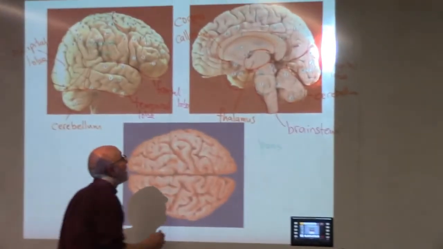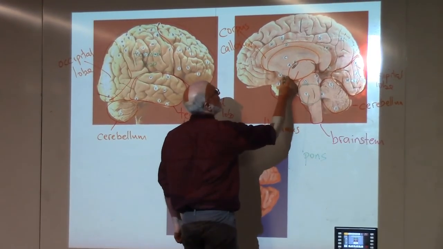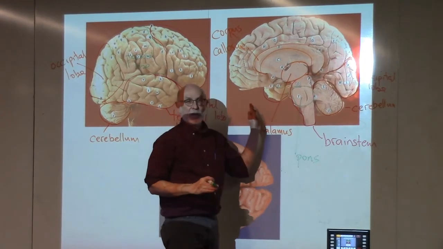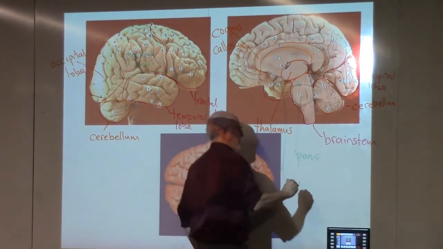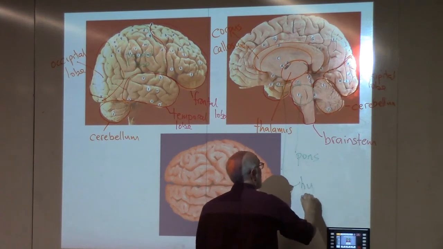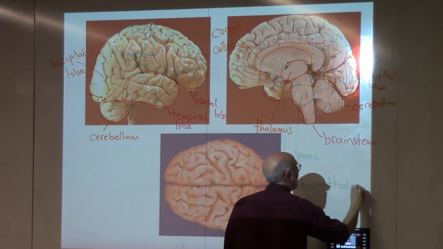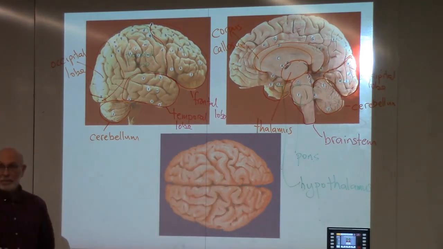Hypothalamus is here. So it's hypo and anterior to the thalamus. This is the hypothalamus. We're going to see that big time when we get to endocrinology.